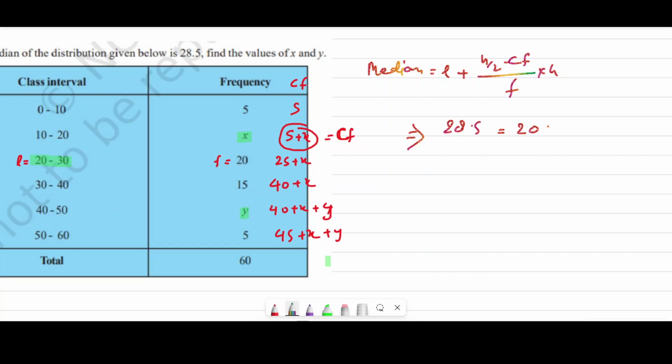Now L is 20, plus n by 2, that means 60 by 2, minus CF, which is 5 plus x.